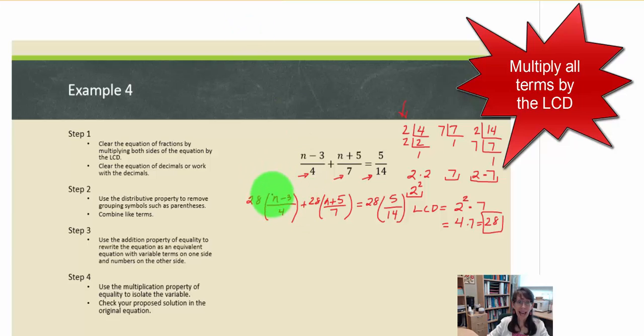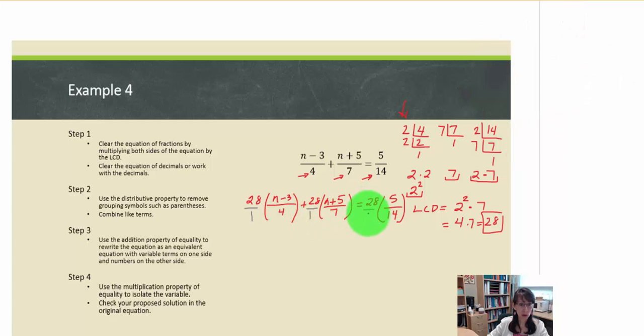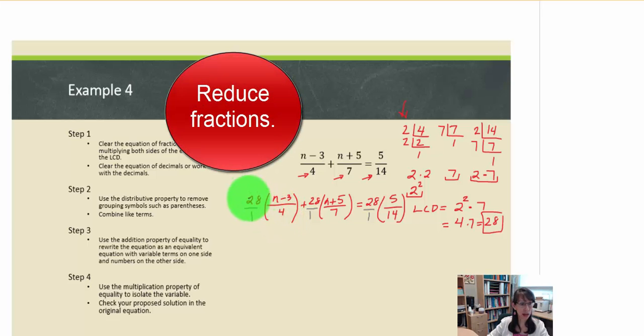So what's going to happen here? 28 is not just floating anywhere. 28 is an integer. It's 28 over 1. So maybe that will help us to do some tracking better. So 28 can reduce with 4 in that first fraction. 28 fourths is exactly 7.